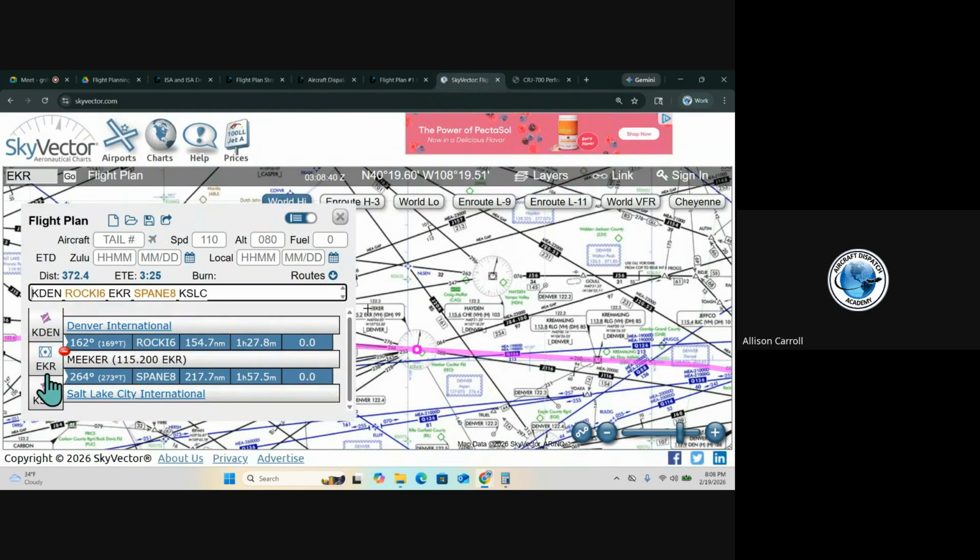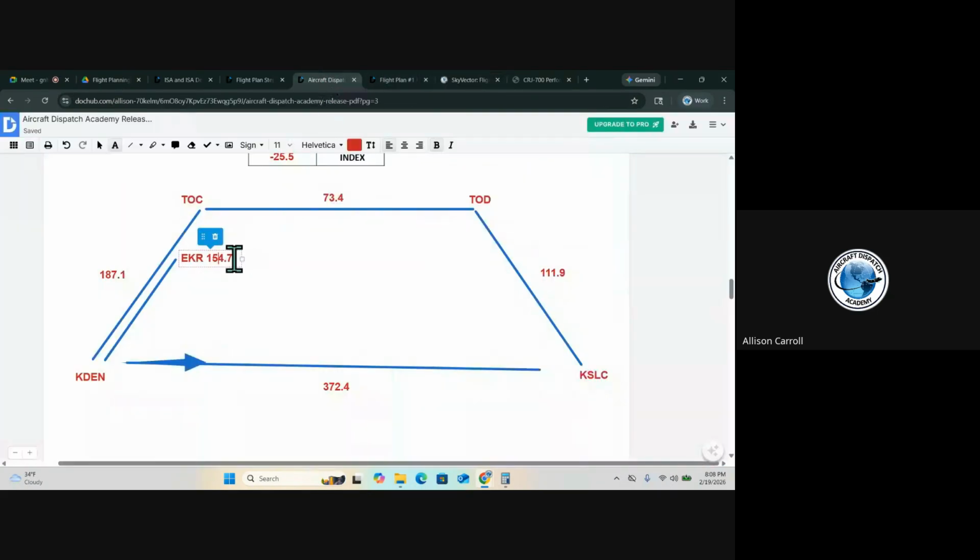Well, guess what? After Meeker, now we're on the Spain 8 arrival. After Meeker, all the way over to Salt Lake, we are now on the arrival.